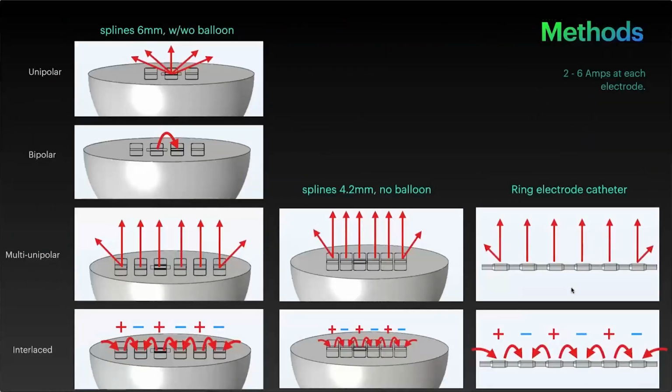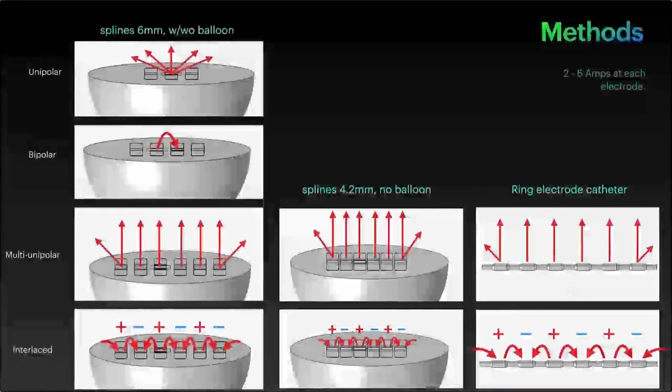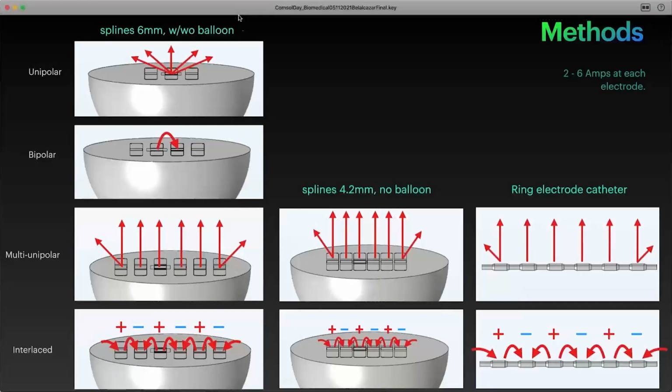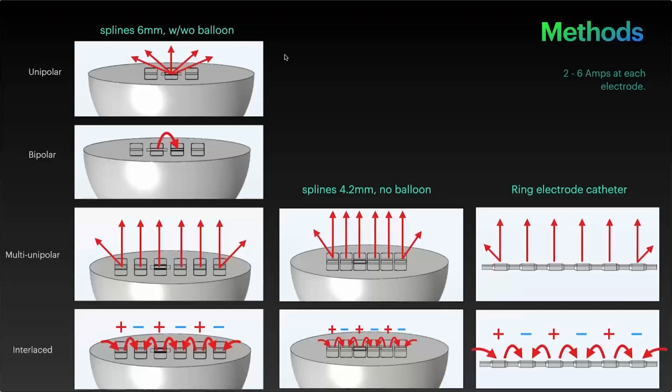Here are all the combinations that were tested. So the rows here are the energy delivery methods, and the columns are the different devices that were tested. Unipolar, of course, refers to current flowing from one electrode here to a patch electrode in the back of the patient.